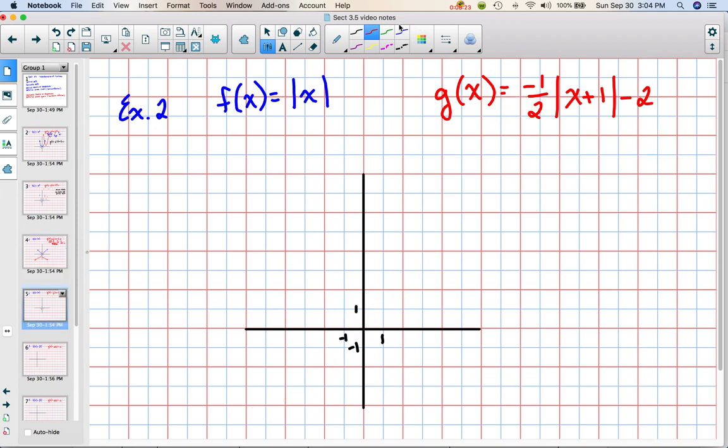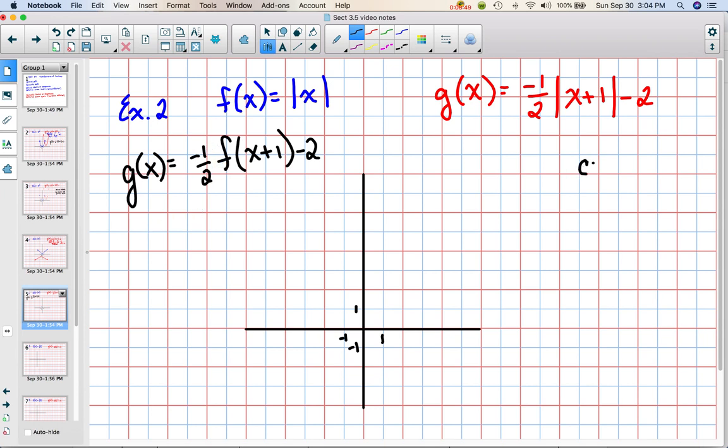Now I want to talk about the other way. So first of all, when I relate these two functions, I'm going to have g of x equals negative 1/2 f of x plus 1 minus 2. So those are my transformations. So what I'm going to do first is I'm going to be compressing by a 1/2.